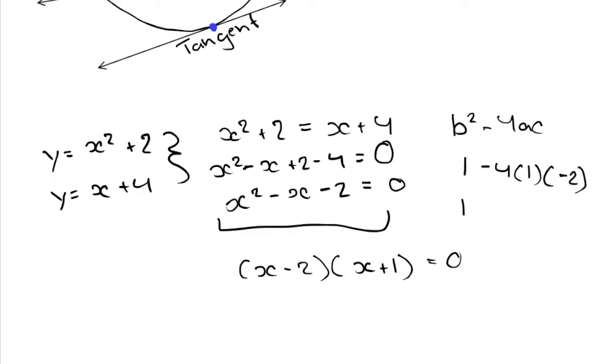So it's 1 plus 8, which makes 9, and since 9 is positive, we know there are two different solutions because the square root of 9 gives you two different answers.